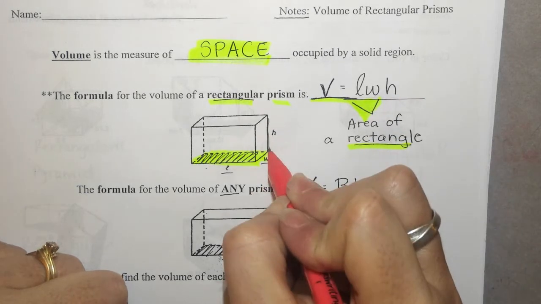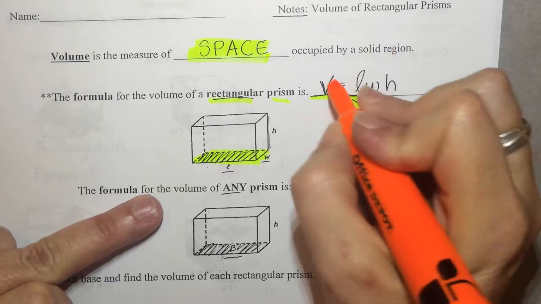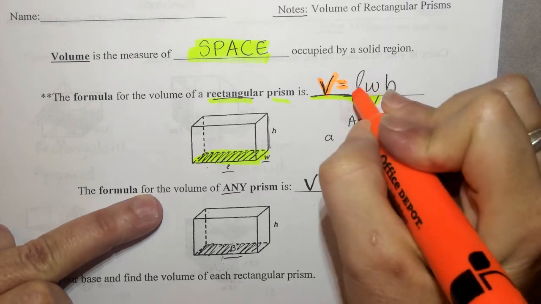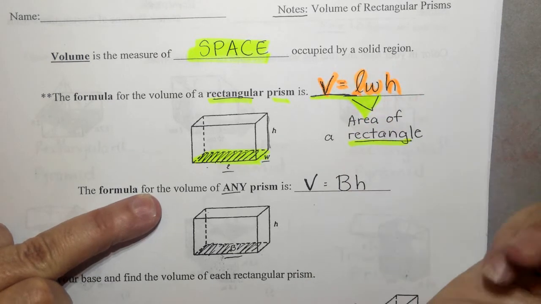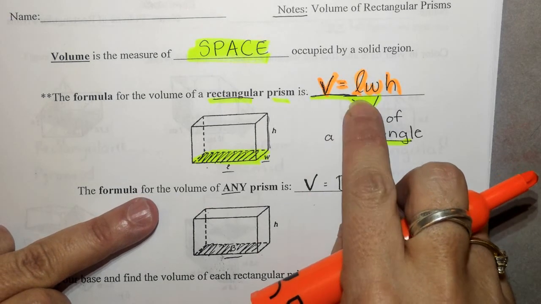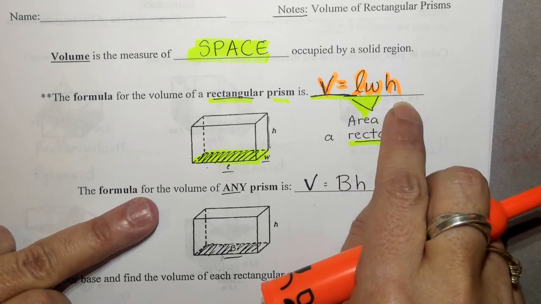It has a height. So the full formula for volume of a rectangular prism is V equals length times width times height. V is capital. The L is a cursive L. And then the width and the height.